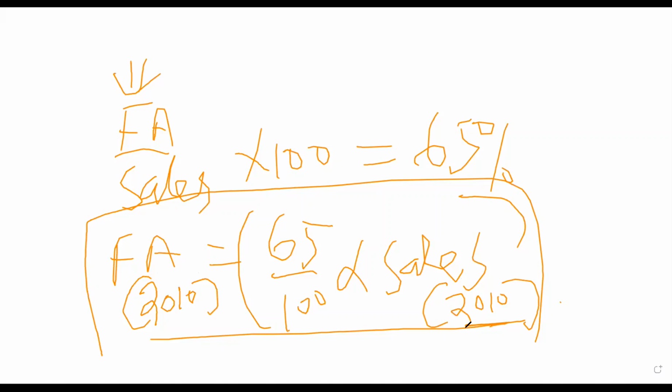Now, ladies and gentlemen, please take note. Again, I am not saying additional sales. I'm only saying 65% of sales, so that I can find forecasted fixed assets for the year 2010. Are we together? And this applies to all other assets and current liabilities.